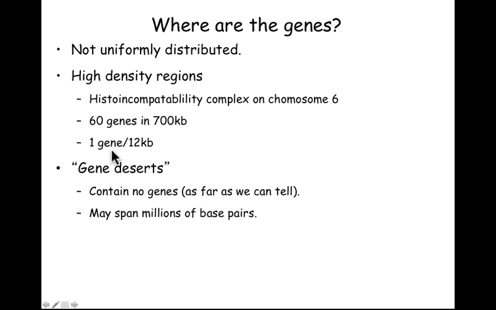This is about 1 gene per 12 kilobases, and this is pretty high for the human genome. This would be considered a high density region. But then there are also gene deserts, which contain really no genes as far as we can tell, for maybe millions of base pairs. So there is a lot of variation.